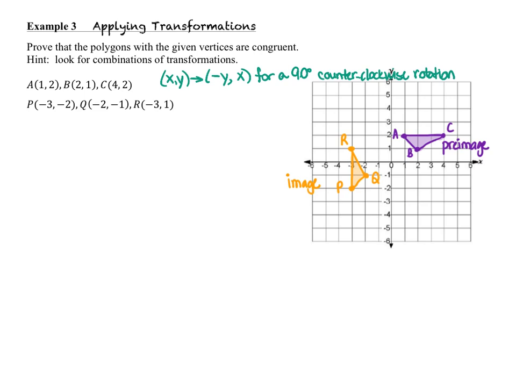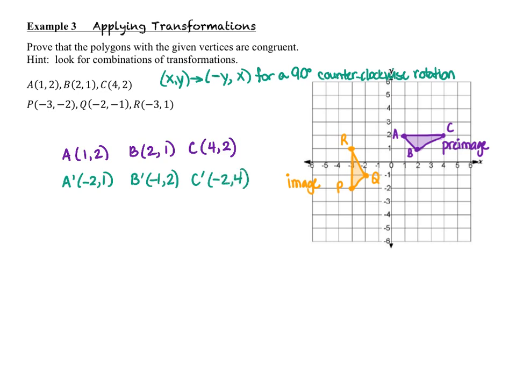So let's figure what those points are right now. A prime would be at -2, 1. B prime would be at -1, 2, and C prime would be at -2, 4. Let's graph those points and see where our figure ends up.